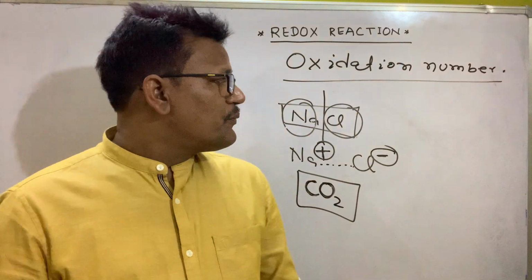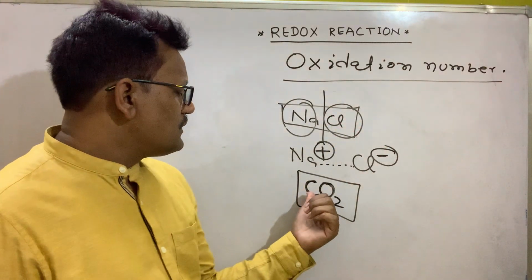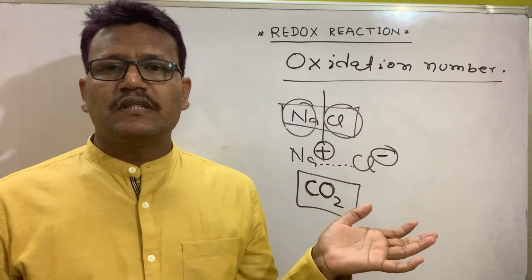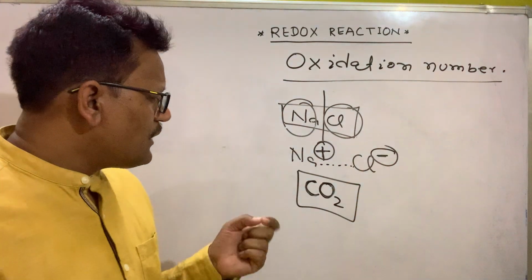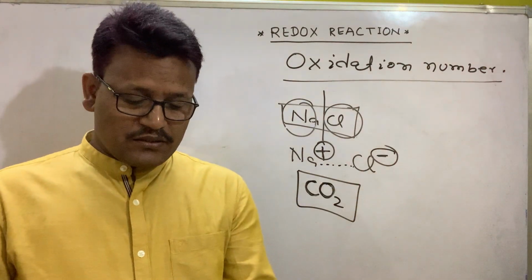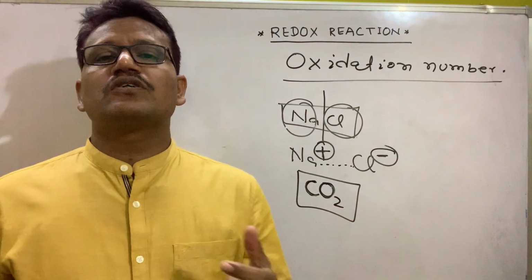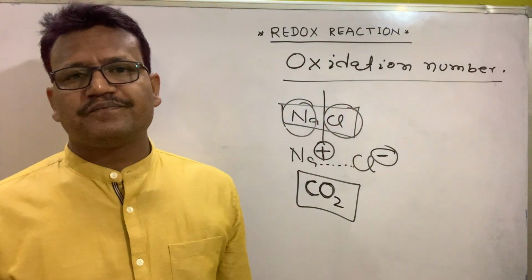But if you want to assign the oxidation number of each atom in CO2, that is carbon and oxygen, we have to suppose the complete transference of electrons between carbon and oxygen occurs.